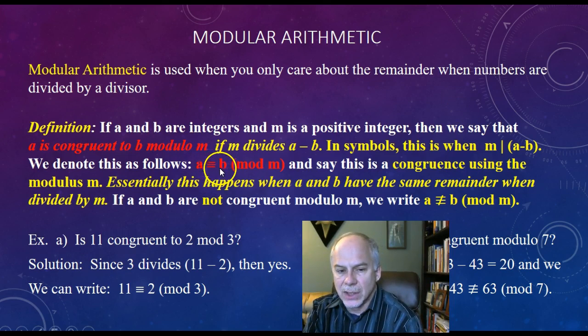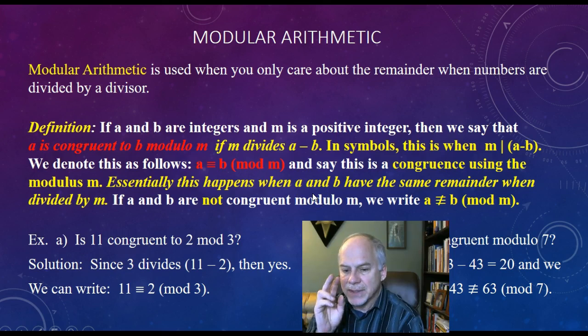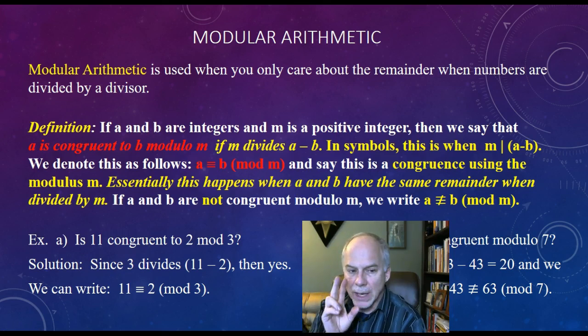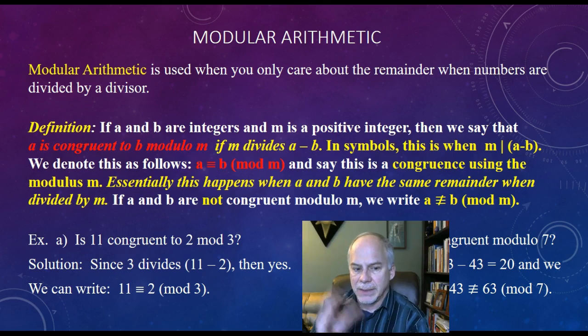So a is congruent to b mod m, and we say this is a congruence using the modulus m. But essentially this happens when a and b have the same remainder when they're divided by m. Okay, so that's basically it, when they have the same remainder. All right, let me give an example.